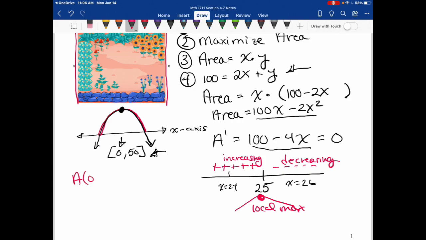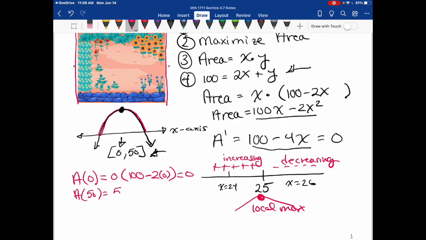So if I plug 0 into the area function, I'm going to get 0 times 100 minus 2 times 0, that gives me 0.